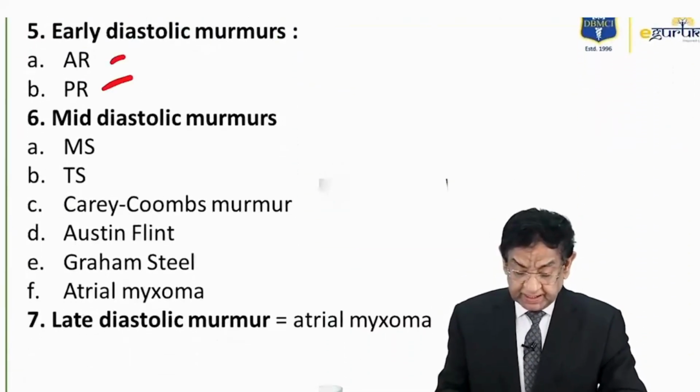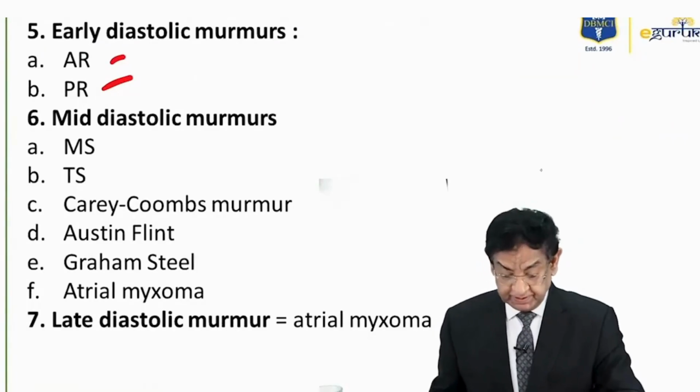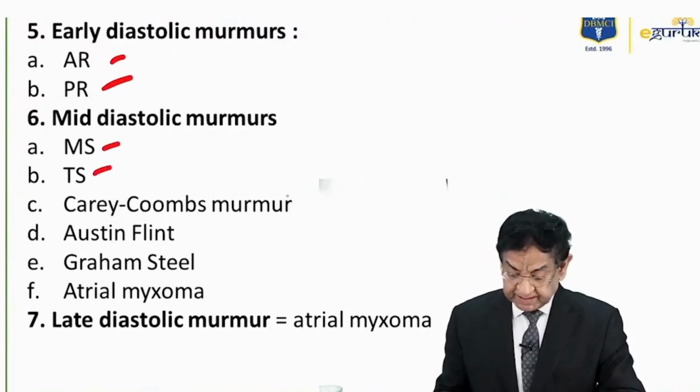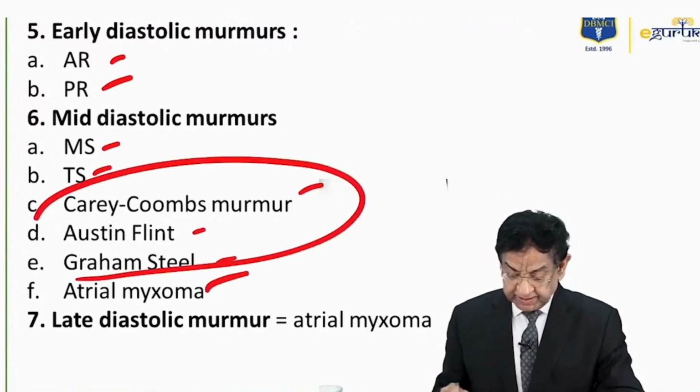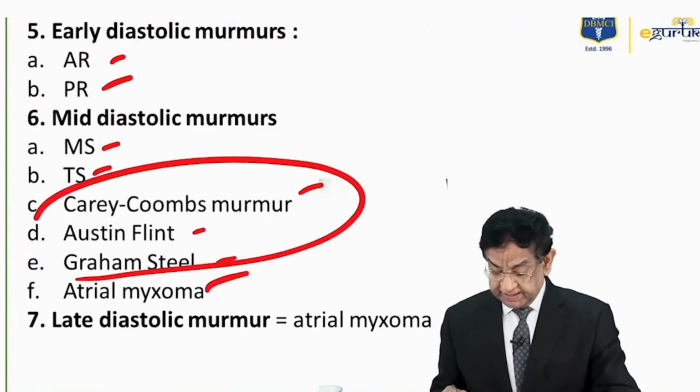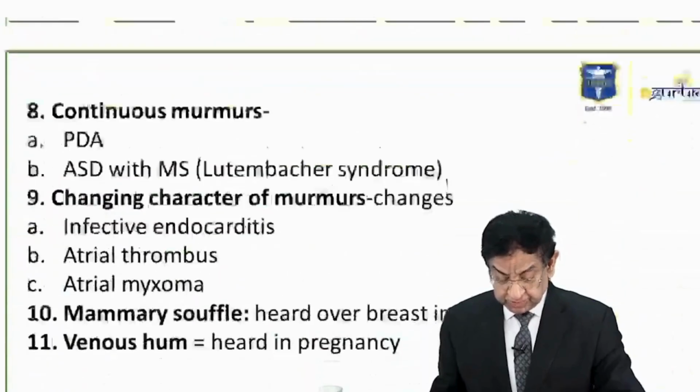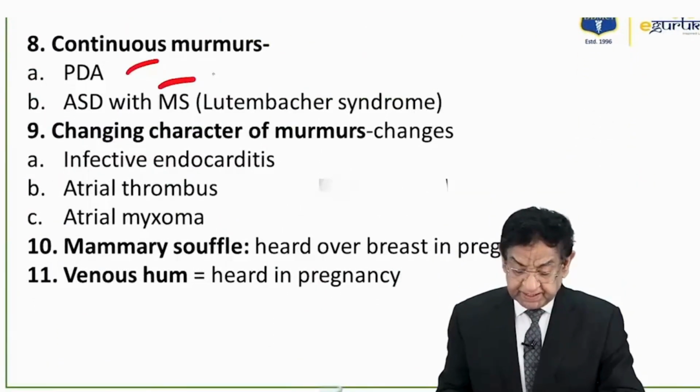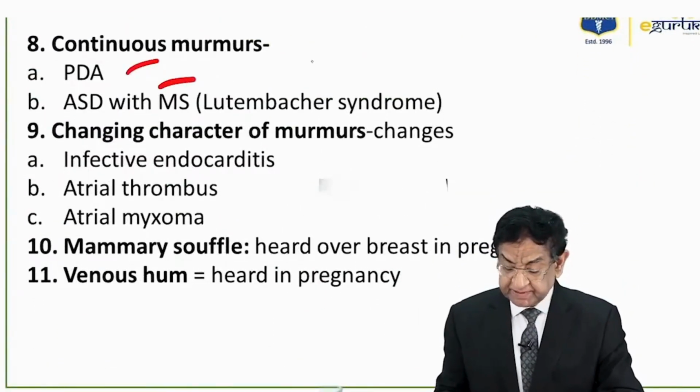Early diastole: AR, PR. Mid-diastolic: MS, TS, Carey-Coombs, Austin Flint and Graham Steell, all named murmurs are diastolic. Atrial myxoma can have mid and late diastole also. Continuous: PDA, VSD with MS, and systemic AV fistula.